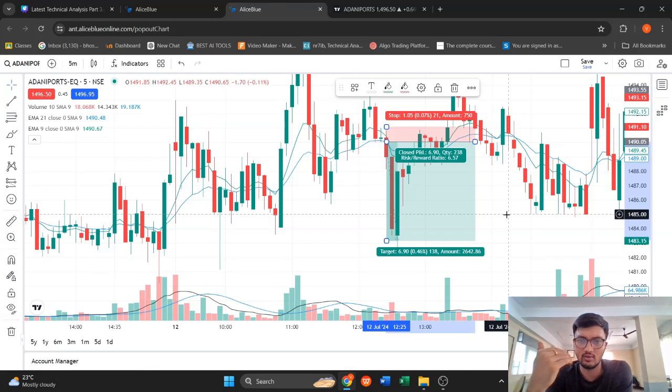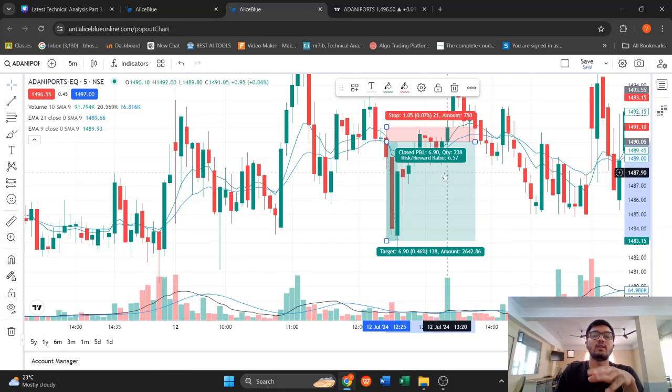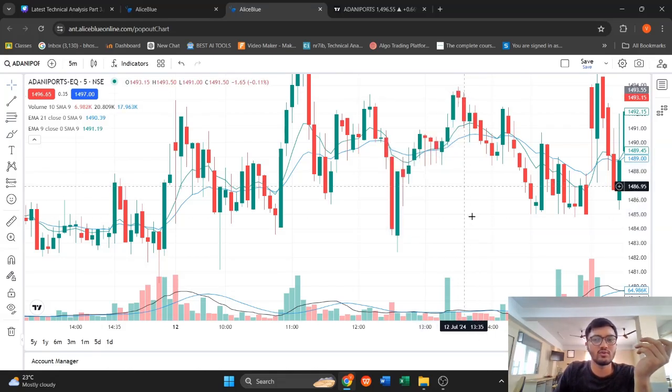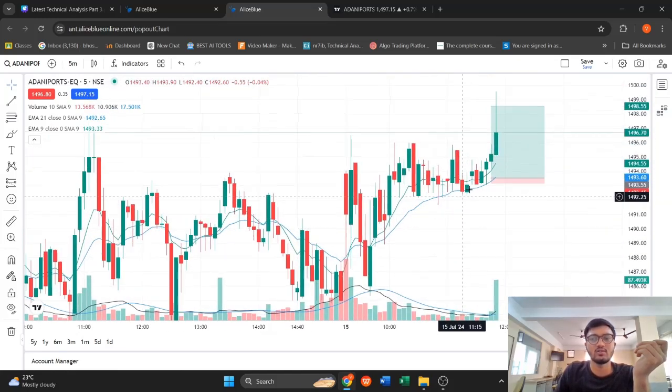You can take risk reward as high as you want, but the ratio should not be less than 1.5, because the amount of risk that you are putting into a trade is not justifiable. So there's no use of taking that much risk, to be very honest. So yeah, it went full up and then it went down.